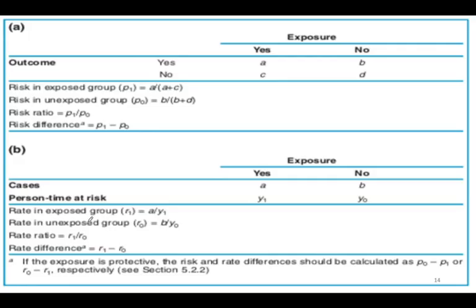And this is a quick summary: the risk in the exposed group is A divided by A plus C, and the risk in the unexposed group is B divided by B plus D. Now B plus D is all those individuals who are not exposed, and B is the number of individuals who may suffer from, let's say over here, lung cancer.